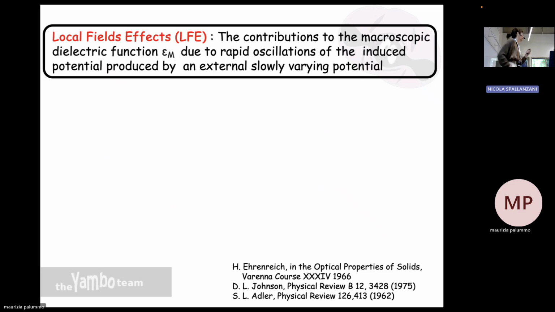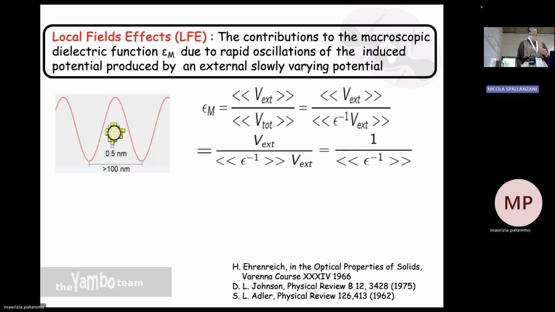Okay, first of all, the concept already given by Helena and seen yesterday in the tutorial: the local field effect is an effect that you have to deal with. Even if you apply an electric field that is macroscopic, the perturbation is macroscopic, in your material you have fluctuations of the density that are microscopic. So you have to deal with this and take averages, as has been shown by Helena.